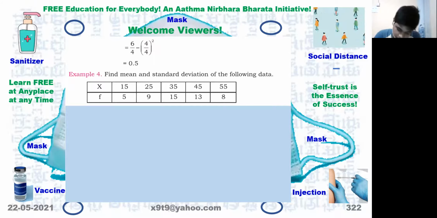And variance is sigma fx square by sigma f minus x bar whole square. Correct.